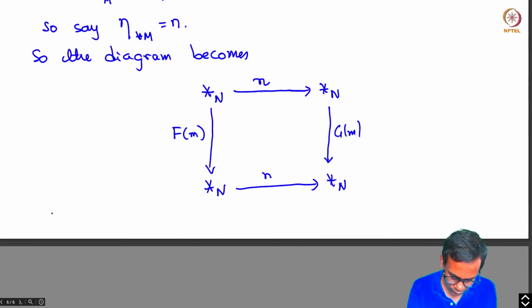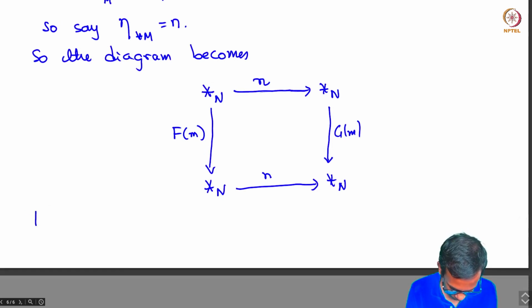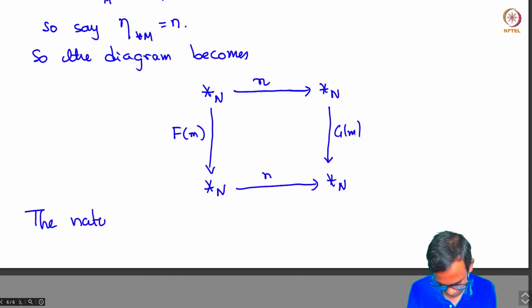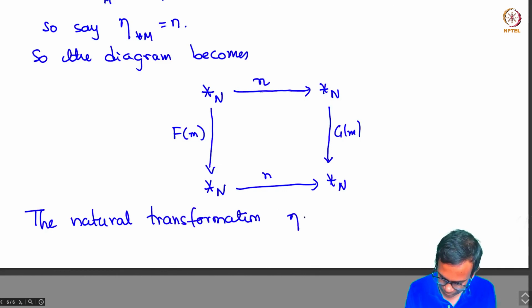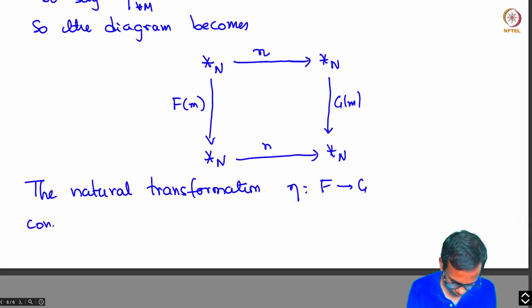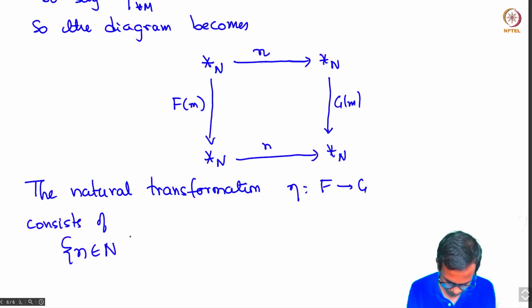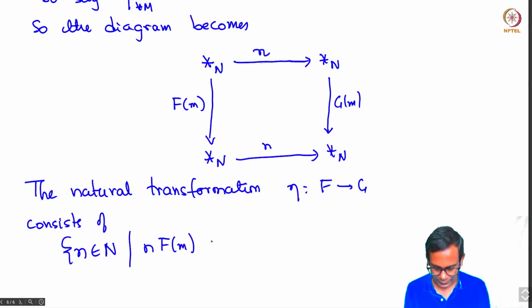So the set of natural transformations from f to g consists of the set of n in N such that n multiplied by f(m), this is a multiplication in the monoid N, is equal to g(m) multiplied by n.